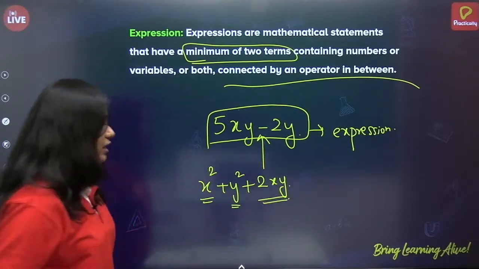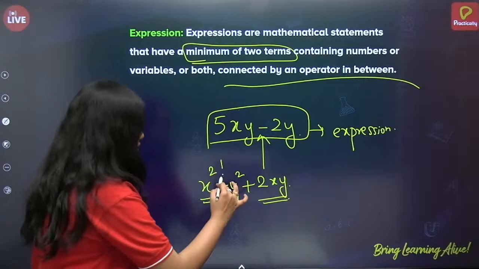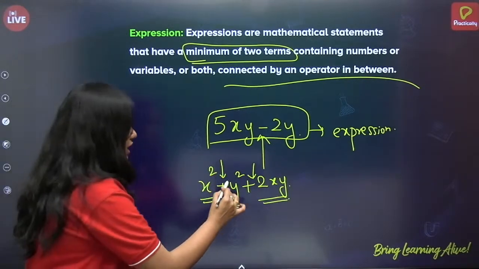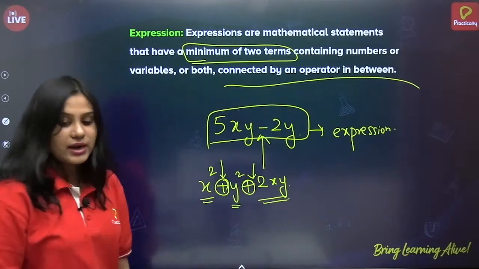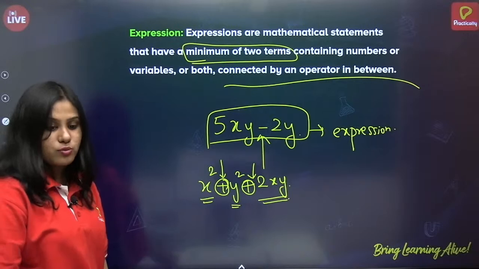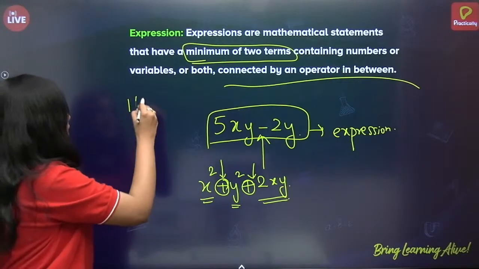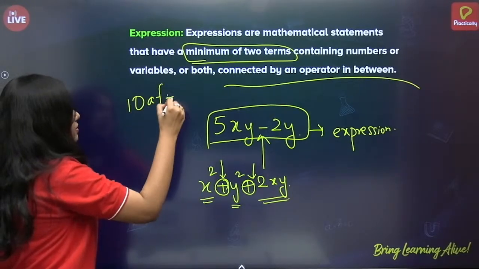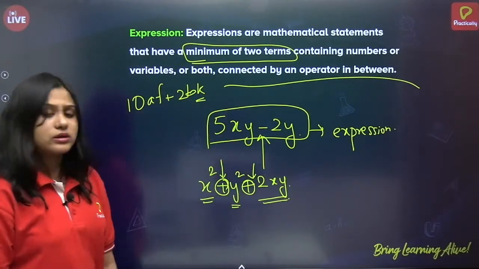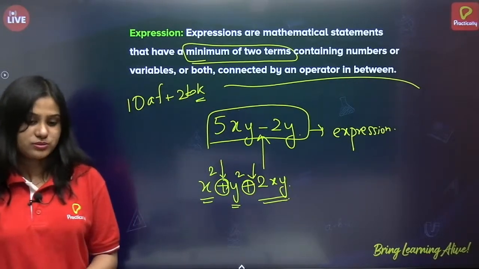There are three terms and there is a mathematical operator which connects all the terms, that is plus, correct? So, okay, Zombie Shots, 10af plus 2bk, very good. This is also an expression.